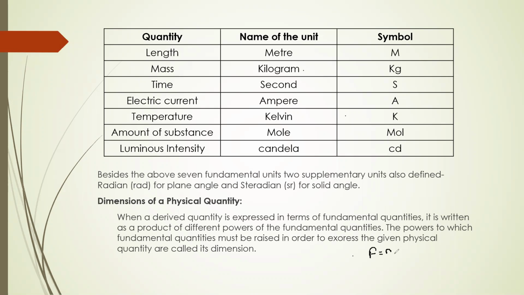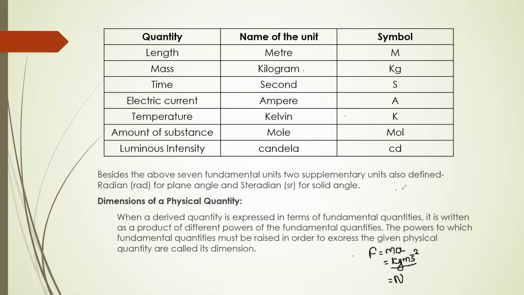The formula for force is mass into acceleration. Mass is measured in kg, acceleration in meter per second square. So kg meter per second square is the unit of force here, and this kg meter per second square we take as Newton.